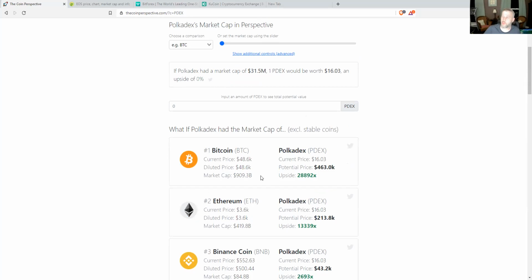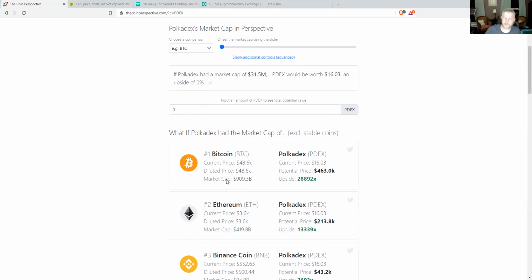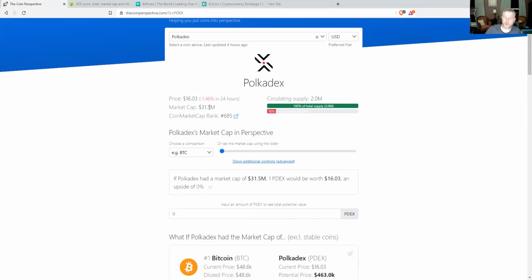Actually, it used to be 1.1 trillion. So it had $1.1 trillion in the market cap. Everybody that held Bitcoin, all the corporations, everybody, $1.1 trillion. So right now, Polkadot has 31.5 million, which is not very much at all. It's very easy for a coin to get to a few $1 billion. Coins that have no value at all do it a lot.